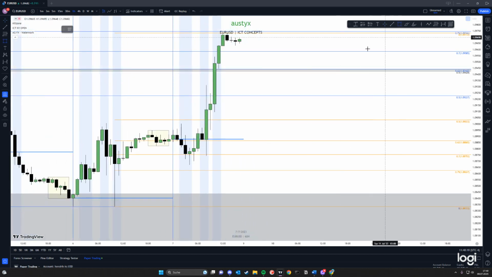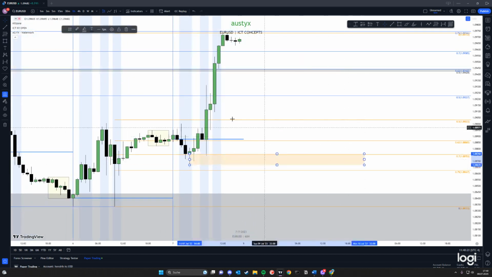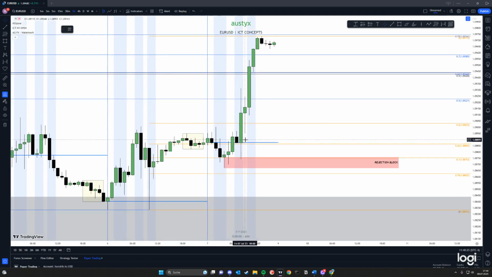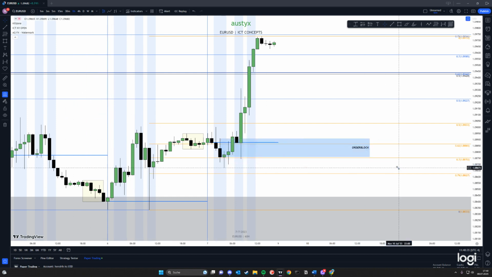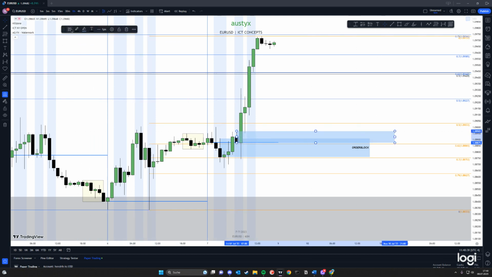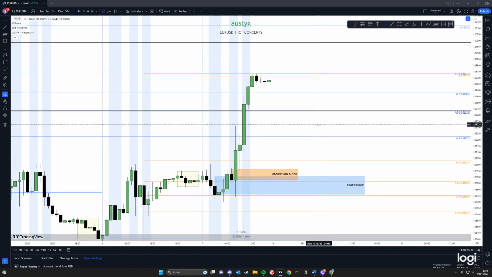Maybe this is a rejection block, but not of any significance. This order block might be important, which also means that this is a propulsion block, which we have seen rejection of, but still.